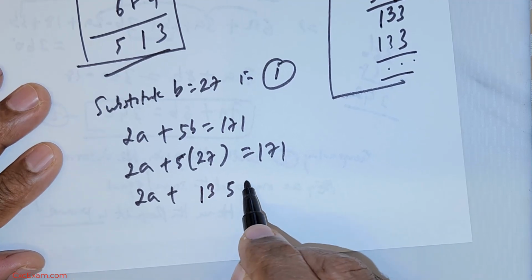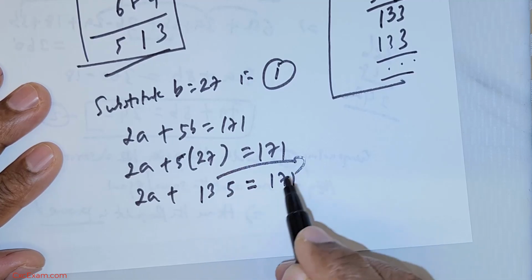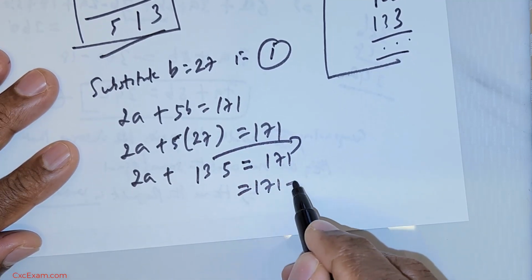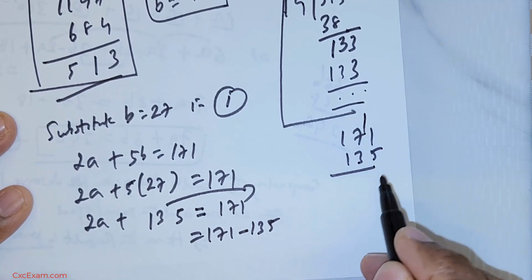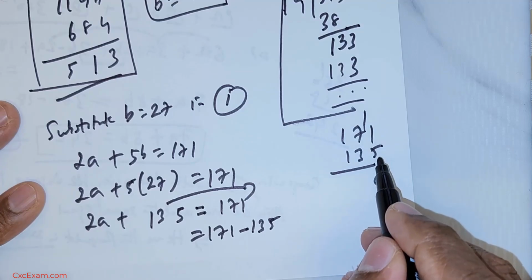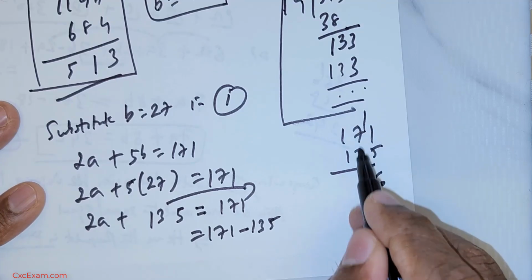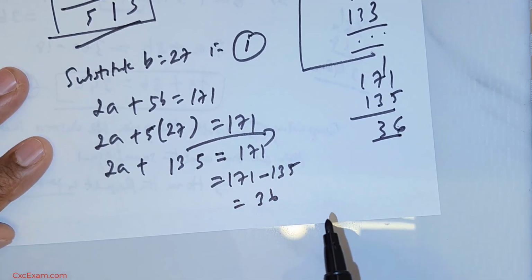You get 3 there. So 135 is what we have got. So it's 171. Push this 135 to the other side. 171 - 135. So from 171 you take away 135. What do you get? You have 11. From 11 you take away 5, you get 6. From 6 you take away 3, you get 3. So this is 36.